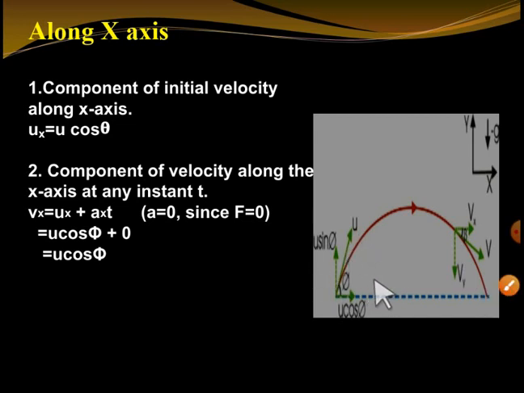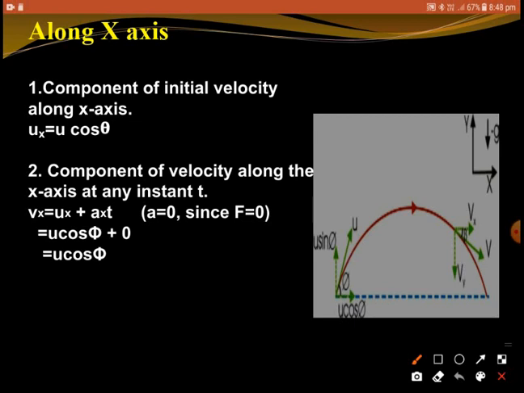That means suppose the body reaches somewhere here, then its uniform velocity will always be u cos theta. If it is somewhere here also, the velocity will be the same. It will be the same here also, here also. This will be uniform, that means the horizontal component will be constant. That is what is seen here also.